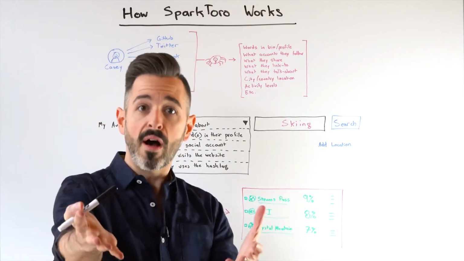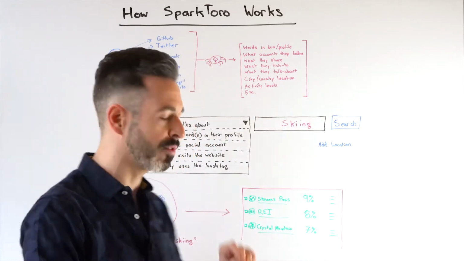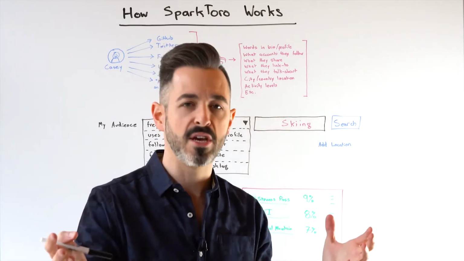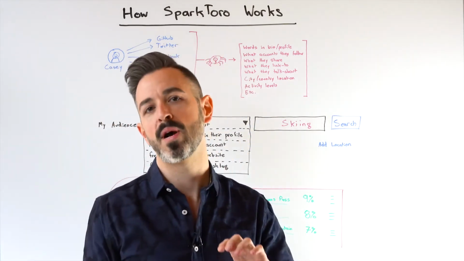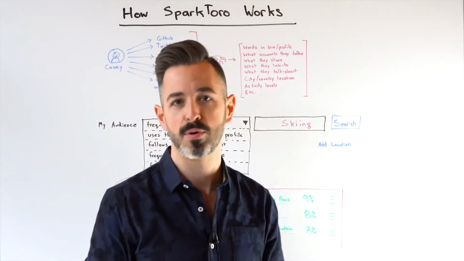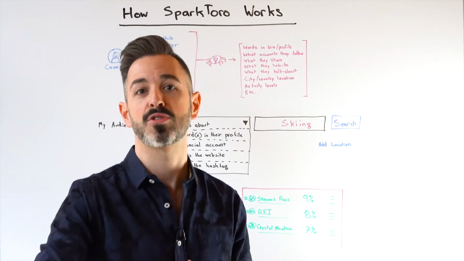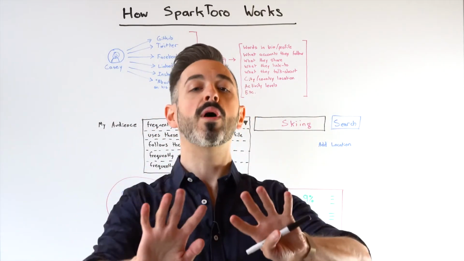And then, obviously, as a user of SparkToro, you might say, yes, okay, I want to reach out to Stevens Pass, I want to reach out to Crystal Mountain, I want to see if we can do a partnership or a sponsorship or get some advertising done on their websites or see if they'll amplify this content piece that we've put out or try and get on their podcast or see if we can cover their YouTube channel or pitch them on being an influencer. Whatever the case, right?